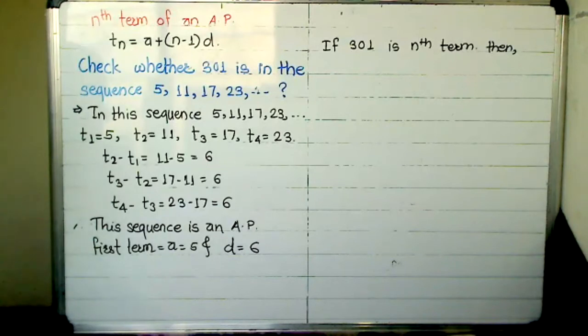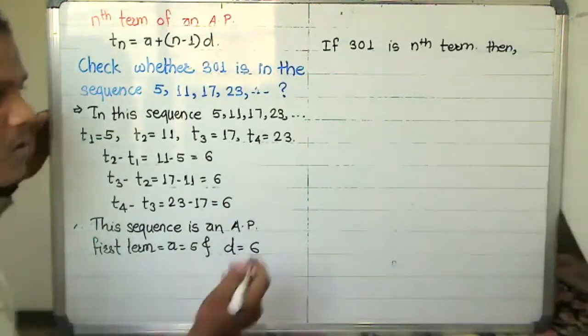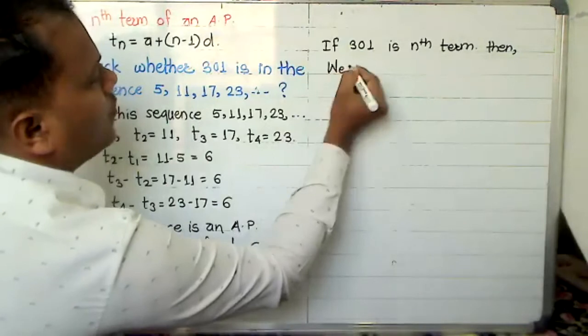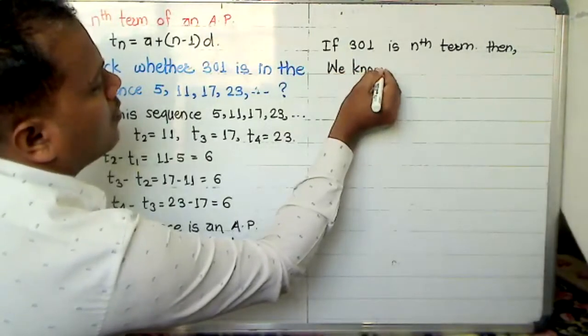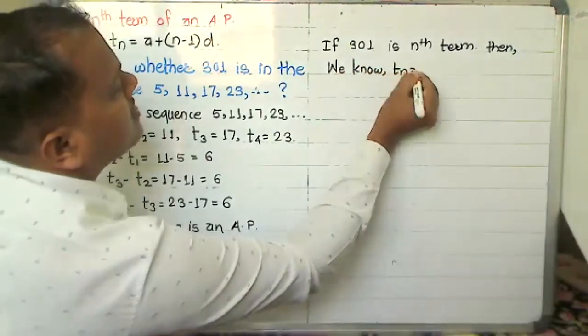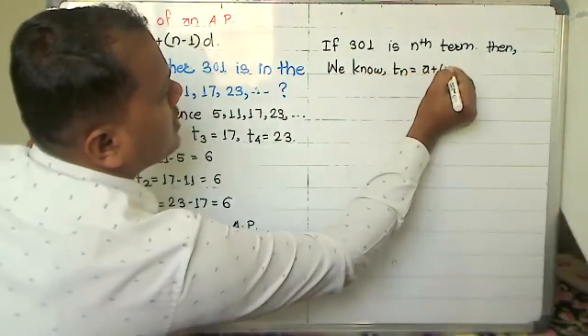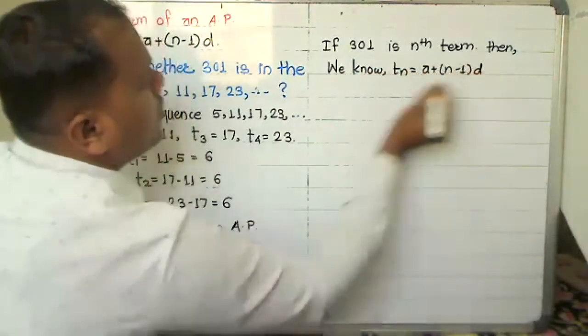We know Tn is equal to A plus n minus 1 into D.